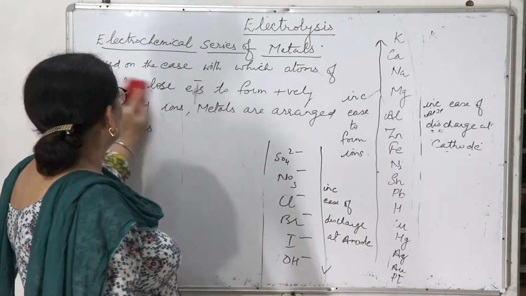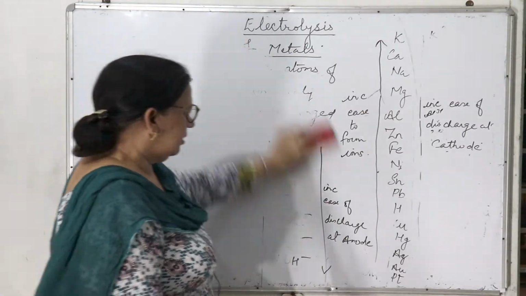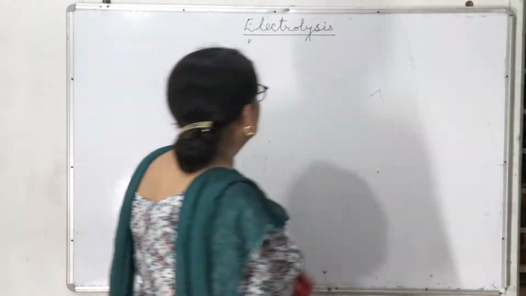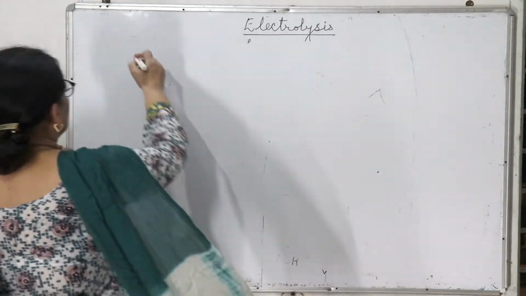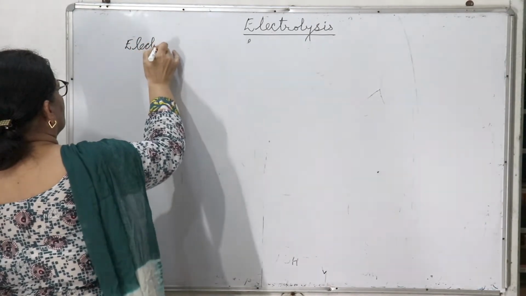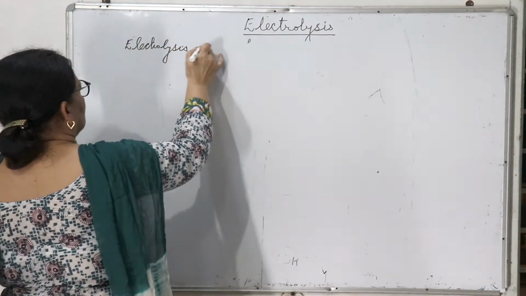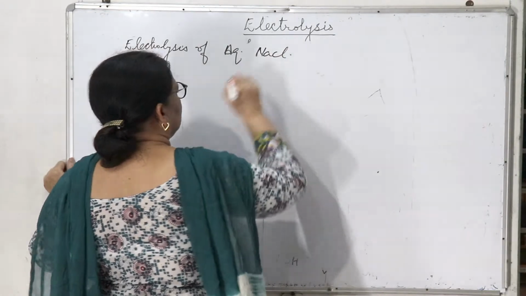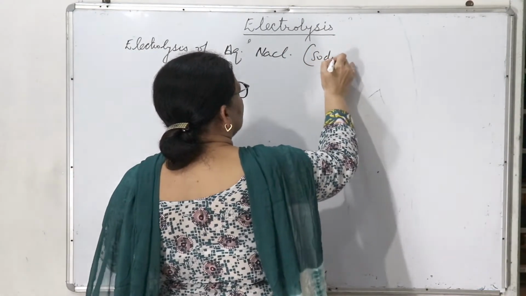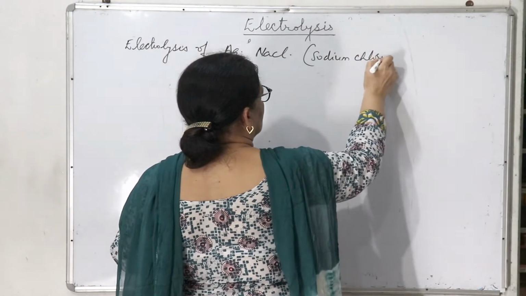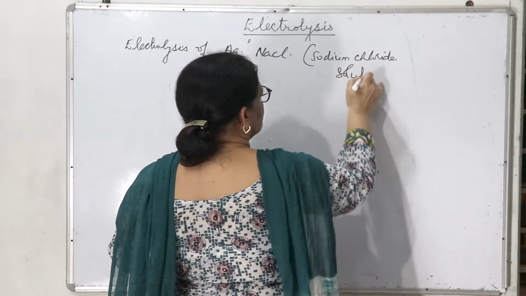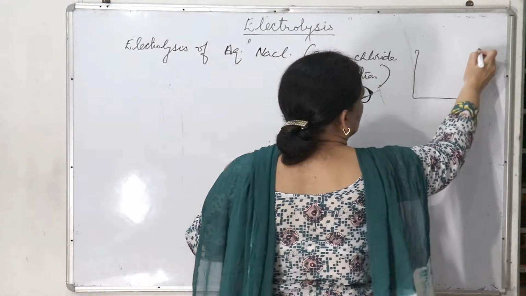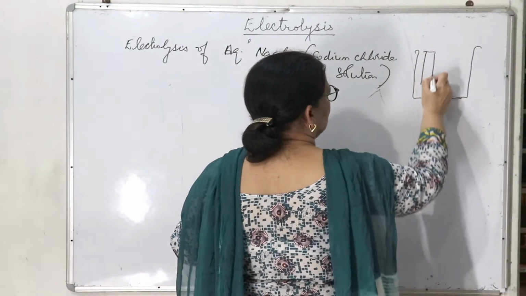Let us do one electrolysis based on this: electrolysis of aqueous sodium chloride, or sodium chloride solution. When it is written as solution, that means it is dissolved in water. One cell has two electrodes.